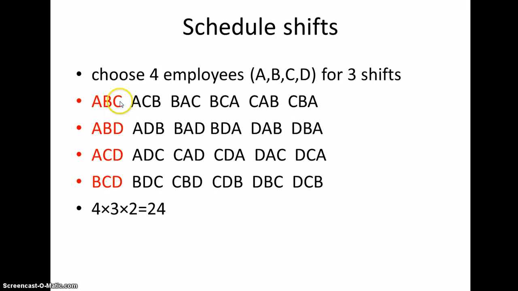In this case, we do 4 times 3 times 2 because we have 4 people to choose, and for the morning, we don't know which 3 people we're gonna choose here.